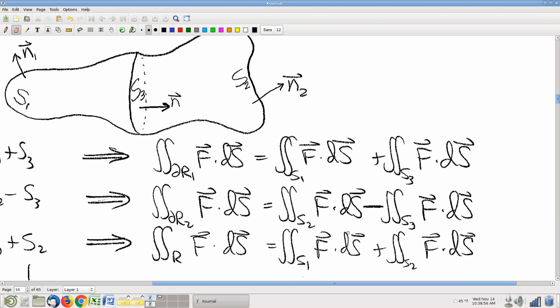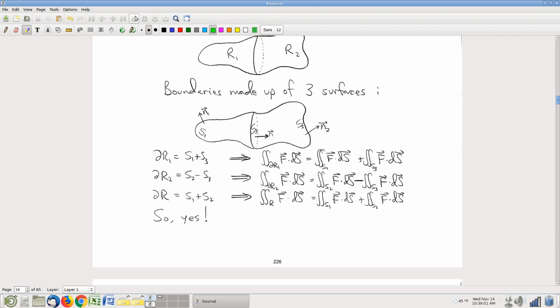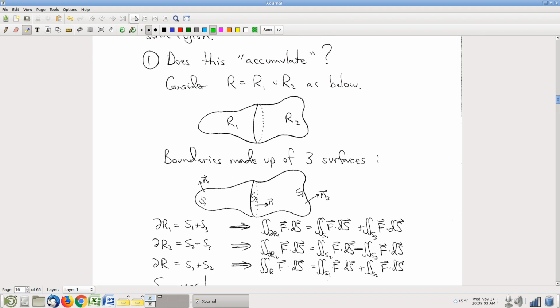Now, again, just as a reminder, I drew this page very deliberately to look an awful lot like the analogous argument that we made for Green's theorem. So I think it's a really healthy exercise to flip back in the notes to when we were doing Green's theorem. What you'll notice is, sure, this is 3-dimensional instead of 2-dimensional. This has got boundary surfaces instead of boundary curves.